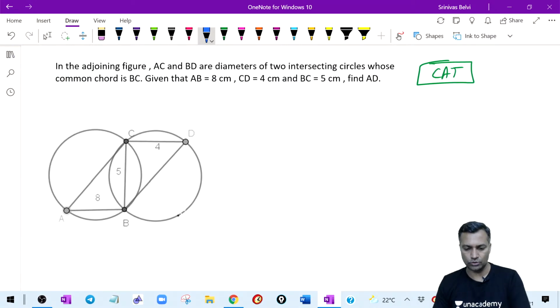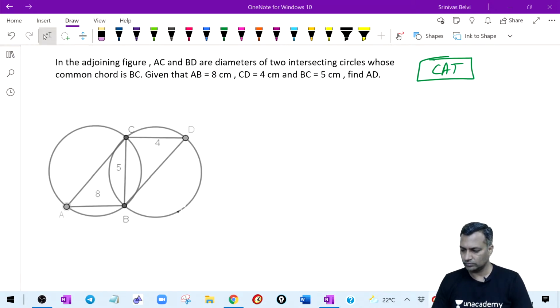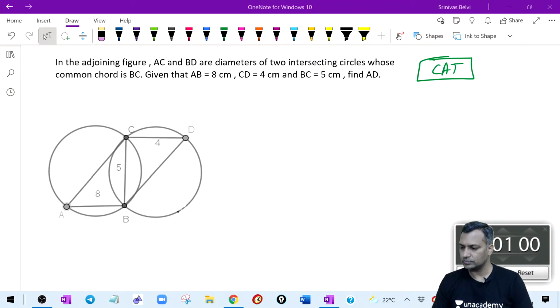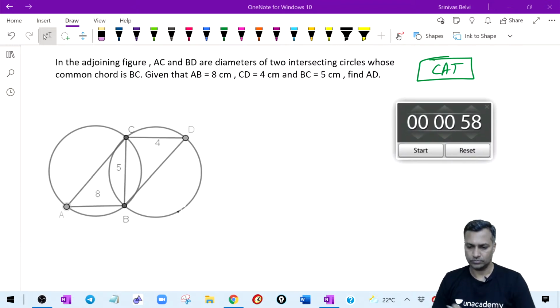All right, guys. Here we go. Try this. Everybody try this. A minute is a good time for it.